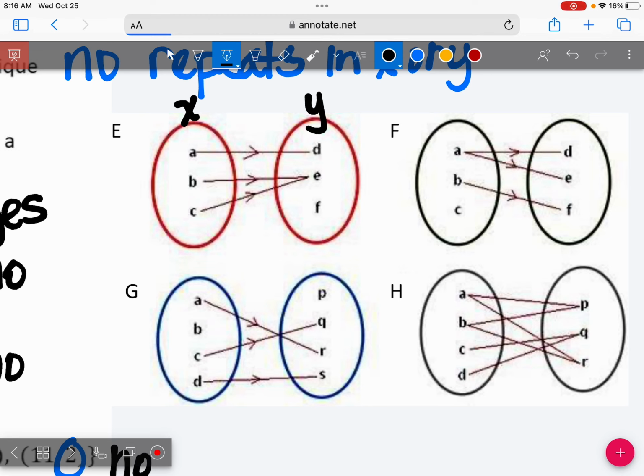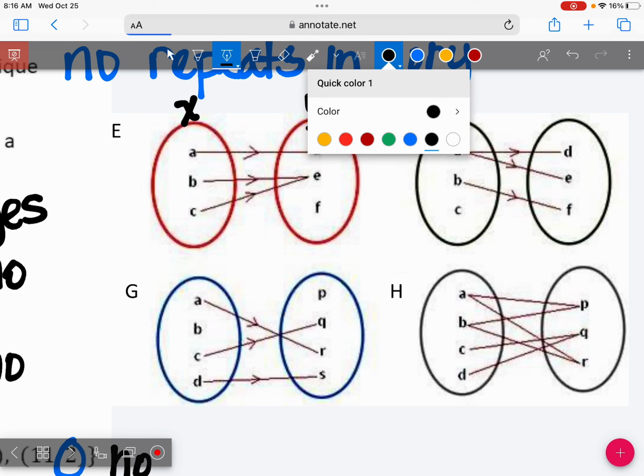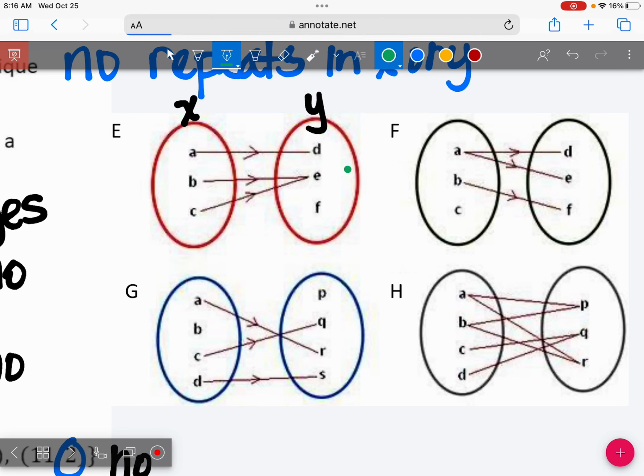So for example, this one, if I were to write this as ordered pairs, I would have a point at AD, and this next point would be BE, and then I would have CE. That's how you would write it as ordered pairs. And notice how we have a repeat.